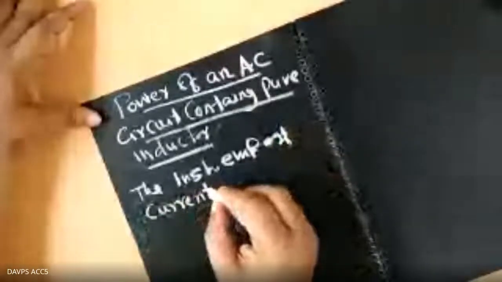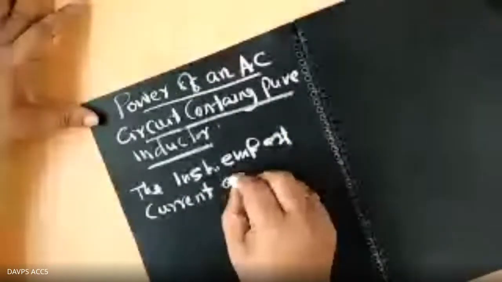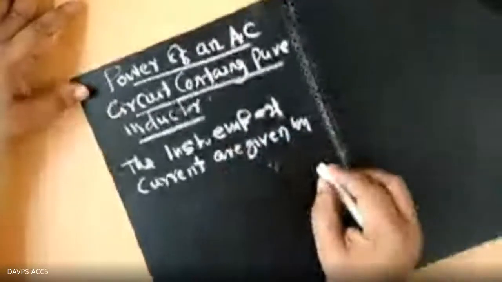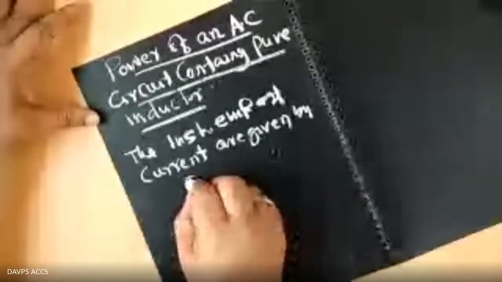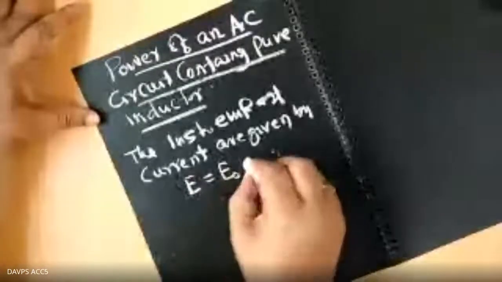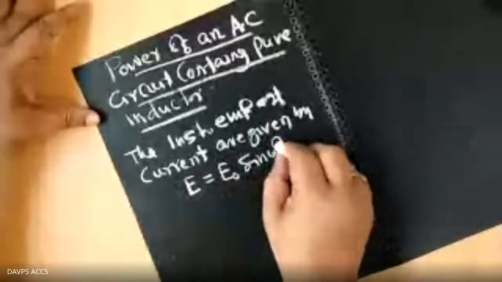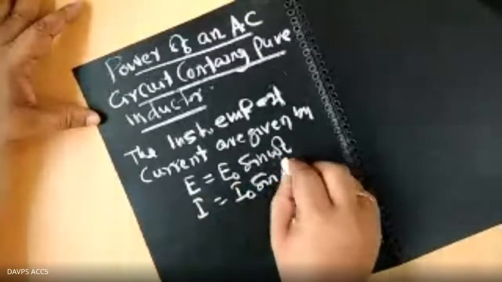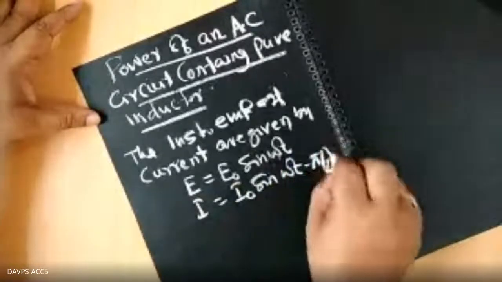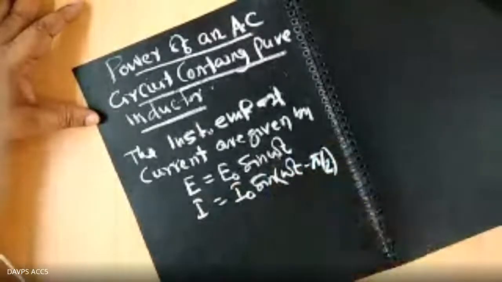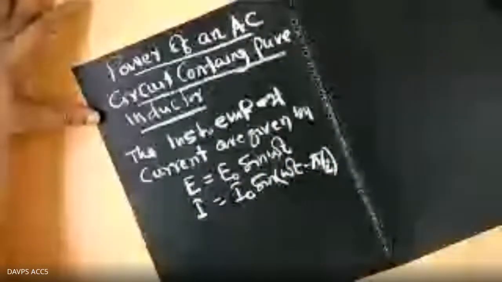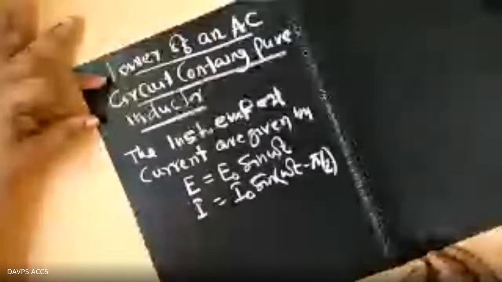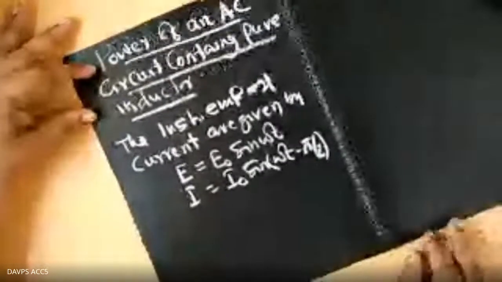The instantaneous EMF and current are given by, you know it, E equal to E naught sine omega t and I equal to I naught sine omega t minus pi by 2. That is the instantaneous AC. So what will be the power?